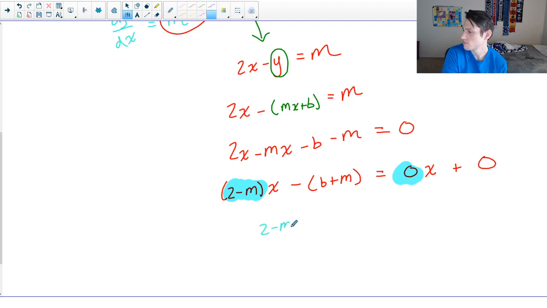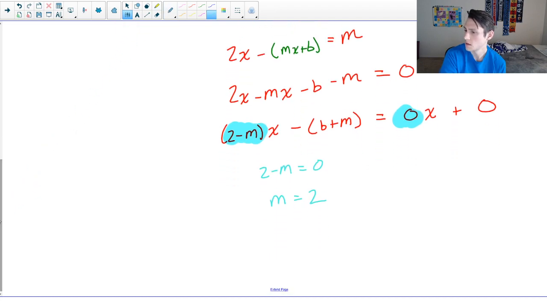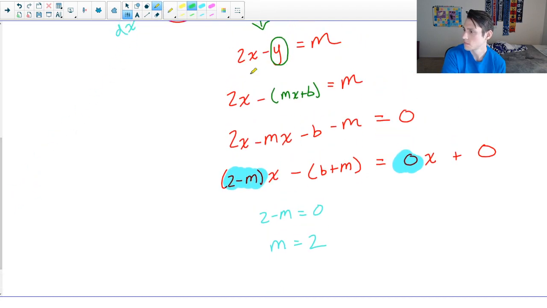So it should be that 2 minus m equals 0. Therefore, m equals 2. And it should be that minus b plus m is the same thing as 0 as well.